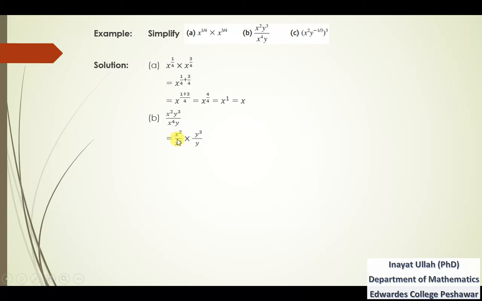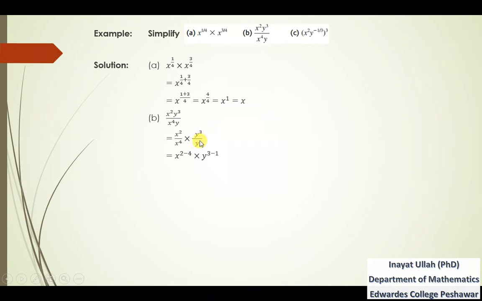Now this is the rule that the bases are the same and these are divided, so the powers will be subtracted. The same rule will be followed here: these bases are the same, so the powers will be subtracted. So that will become x power (above power minus below power) multiplied by y power (above power minus below power).